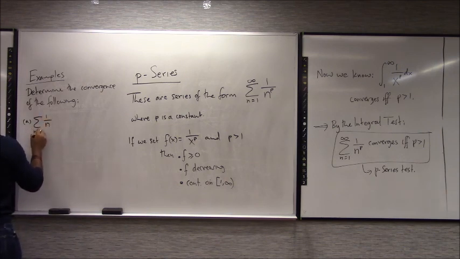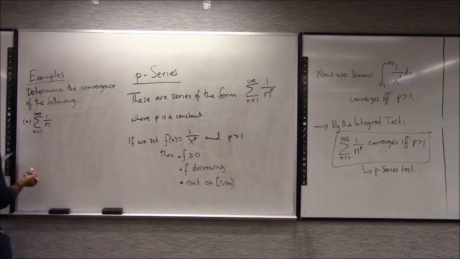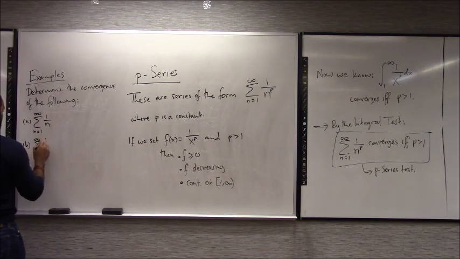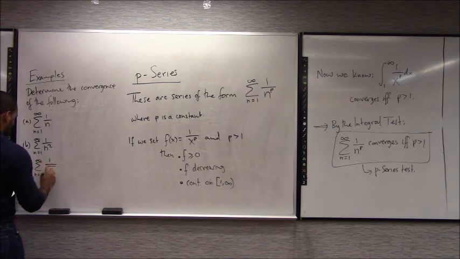Just a reminder, the harmonic series is actually a P-series. Next, 1 over n squared. I also told you guys about that. Here's another one though, 1 over the radical of n.